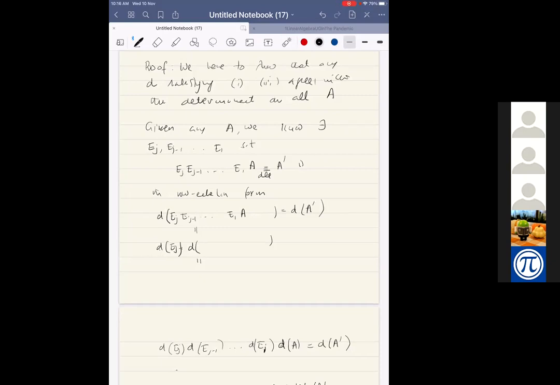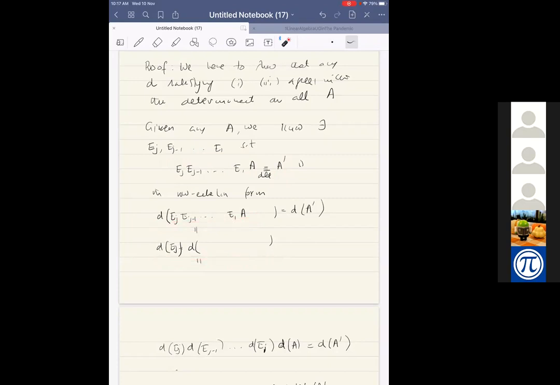So now take any A, we know that there exists a sequence of elementary matrices E1 to Ej, so that when I multiply A on the left by E1, then E2, etc., the corresponding matrix A prime is in row echelon form. Now, we know that if I multiply any matrix by an elementary matrix, what happens?